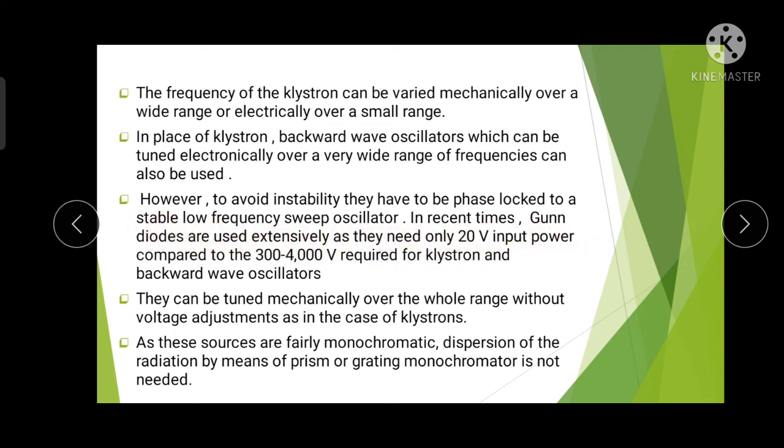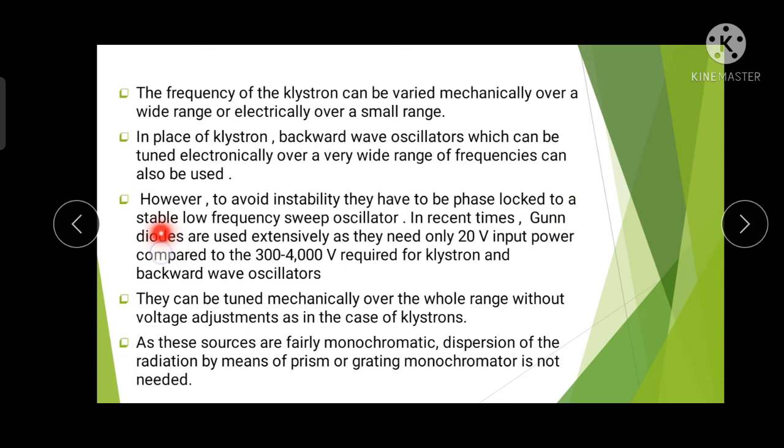In recent times, gun diodes are also extensively used, as they need only 20 volt input power compared to the 300 to 4000 volt required for the klystron and backward wave oscillators. That means instead of klystron and backward wave oscillators, we can use the gun diodes.